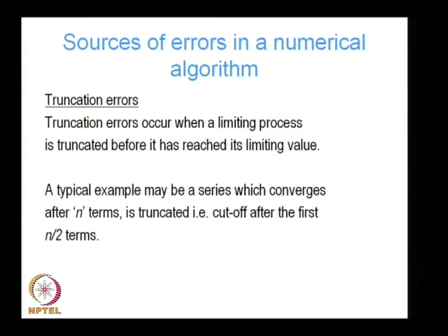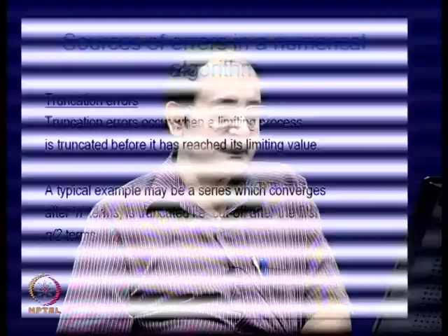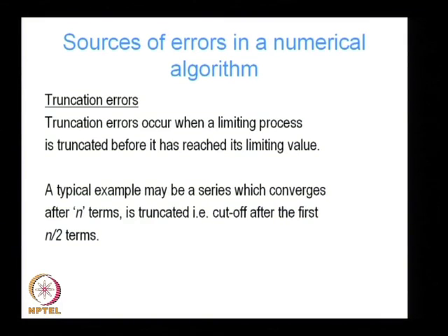The second type of error we are going to talk about are known as truncation errors. Truncation errors occur when a limiting process is truncated before it has reached its limiting value. A typical example may be a series which converges after n terms, but suppose we truncate it, that is, we cut it off after the first n by 2 terms.